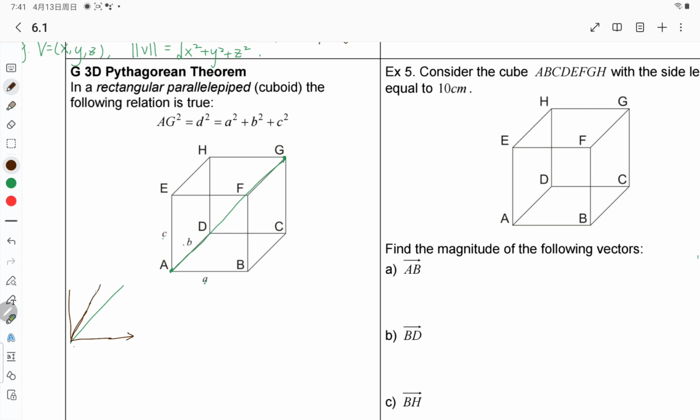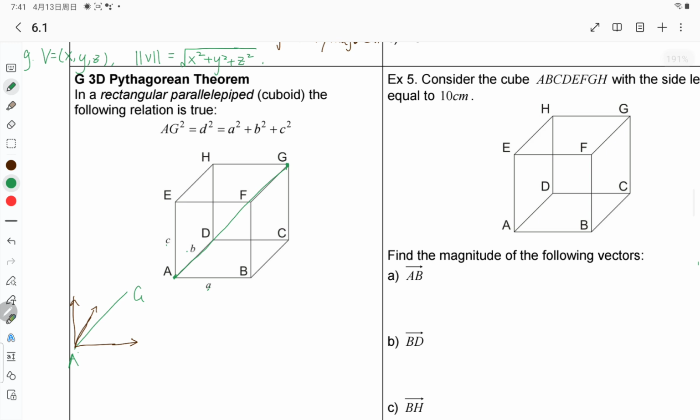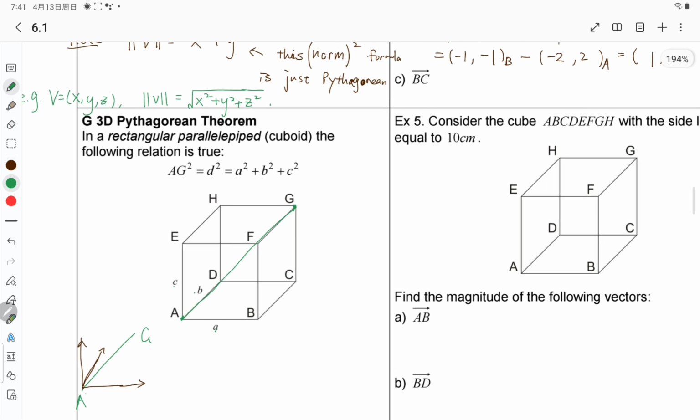Okay, and then AG, just like we mentioned, here, the example, XYZ 3 coordinate. So the norm of AG, what is the norm of AG?